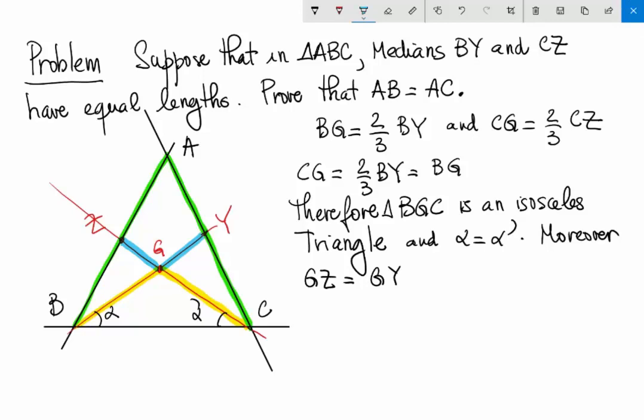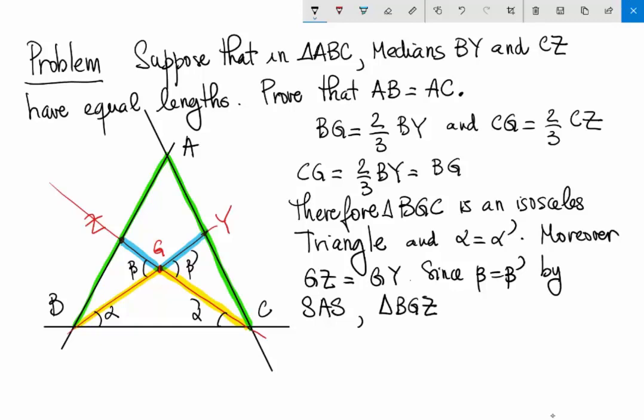Okay, and if I call this angle here beta, and this is beta prime, clearly they're opposite angles, or vertical angles. So since beta is equal to beta prime, by SAS, we can conclude that triangle BGZ is in fact congruent to triangle CGY.